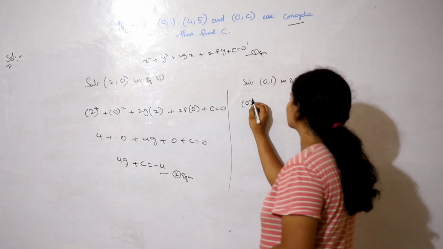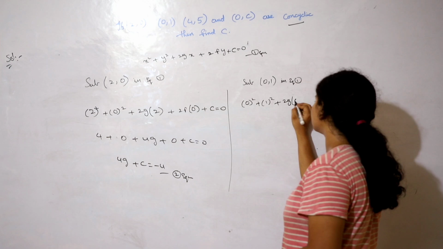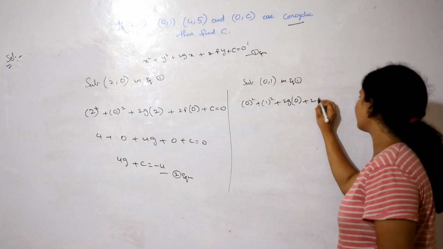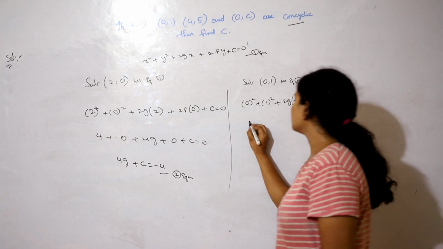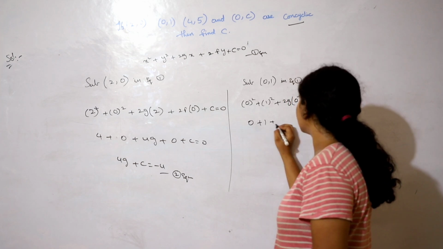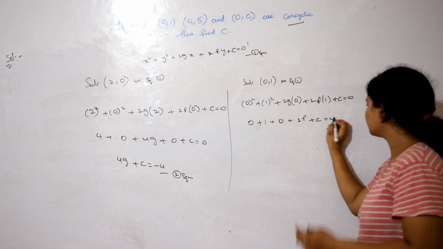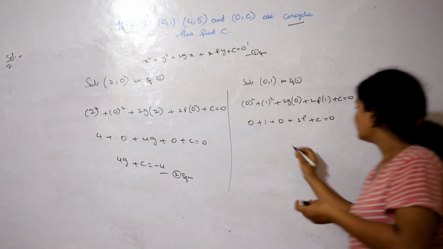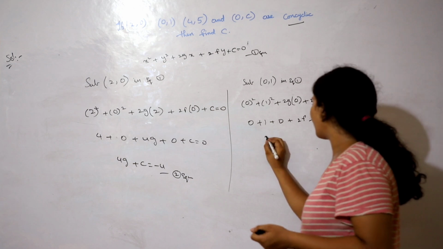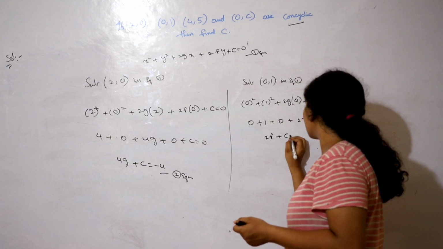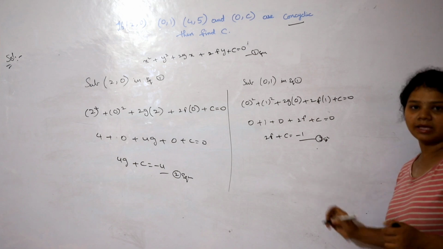So this becomes 0 square plus 1 square plus 2g times 0 plus 2f times 1 plus c equals to 0. That is 0 plus 1 plus 0 plus 2f plus c equals 0. Are you getting it? 2f plus c equals minus 1. Let this be equation number 3, the third equation.